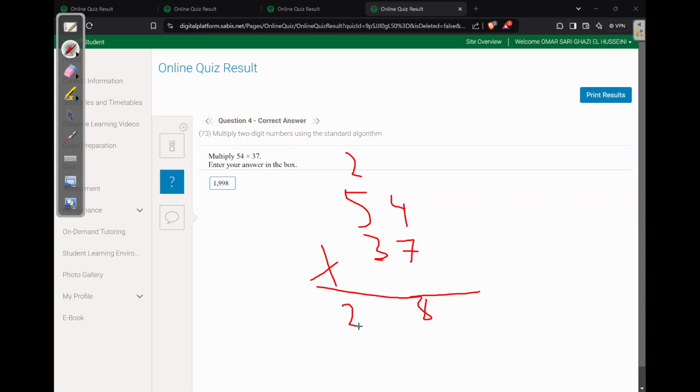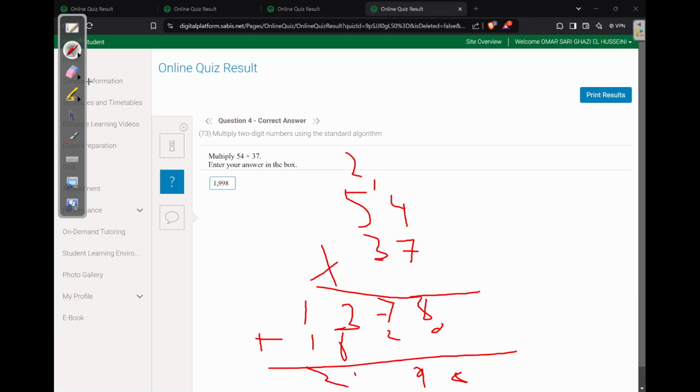We add that to 37. 0 here. 3 times 4 equals 12. 1 up. 15, that's 6. Now we plus them. 8, 9, 1, 1, 2. Okay, the answer is 1998.